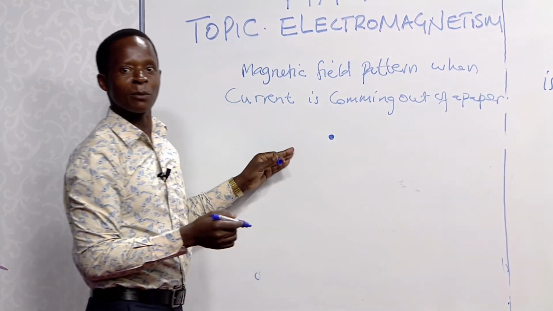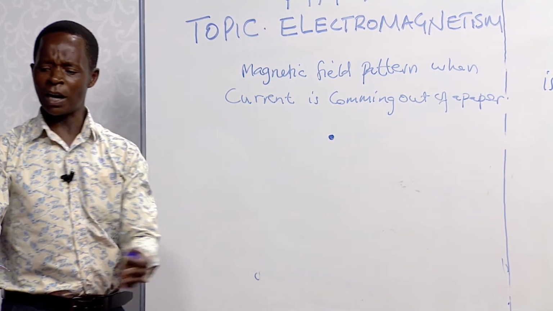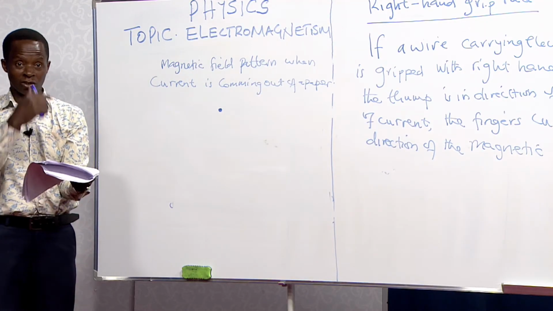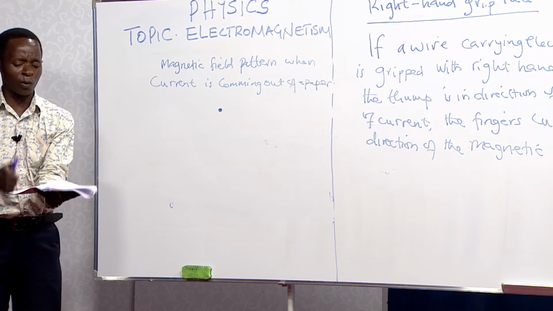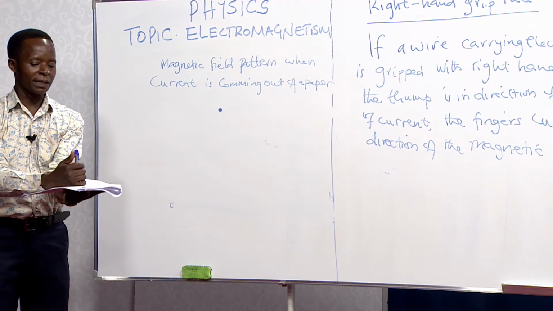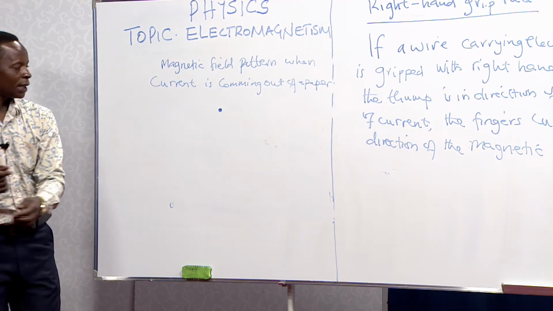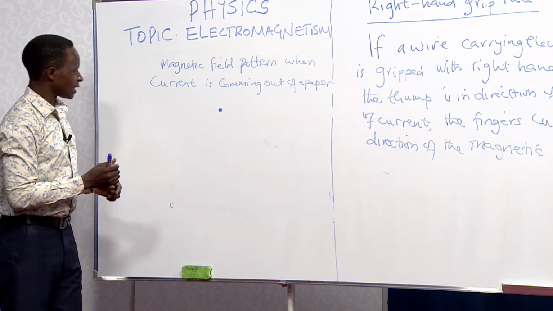I said my blackboard is acting as a paper. You have the book which will act as a paper. So when it is coming out of the paper, it is directly to your eyes now, like this. We are using direct current. So we represent that as a dot.